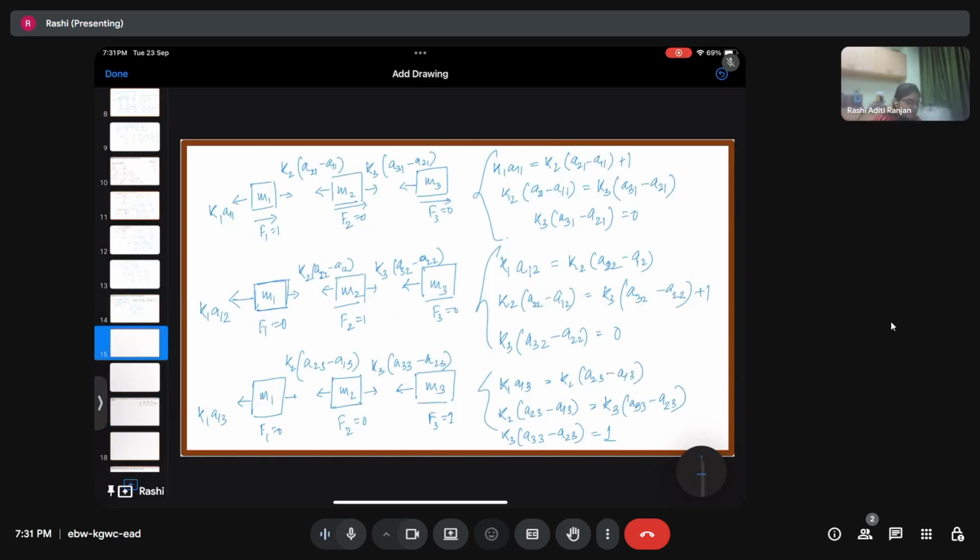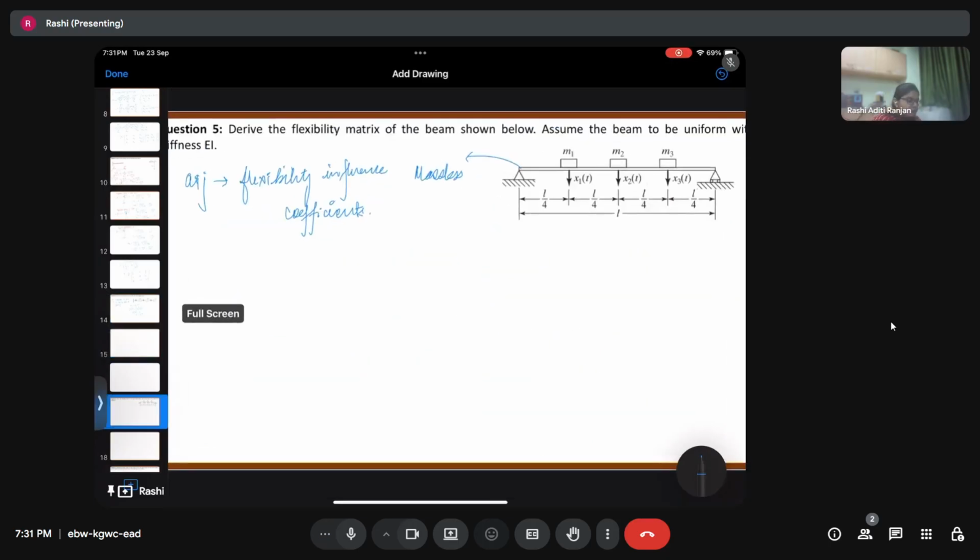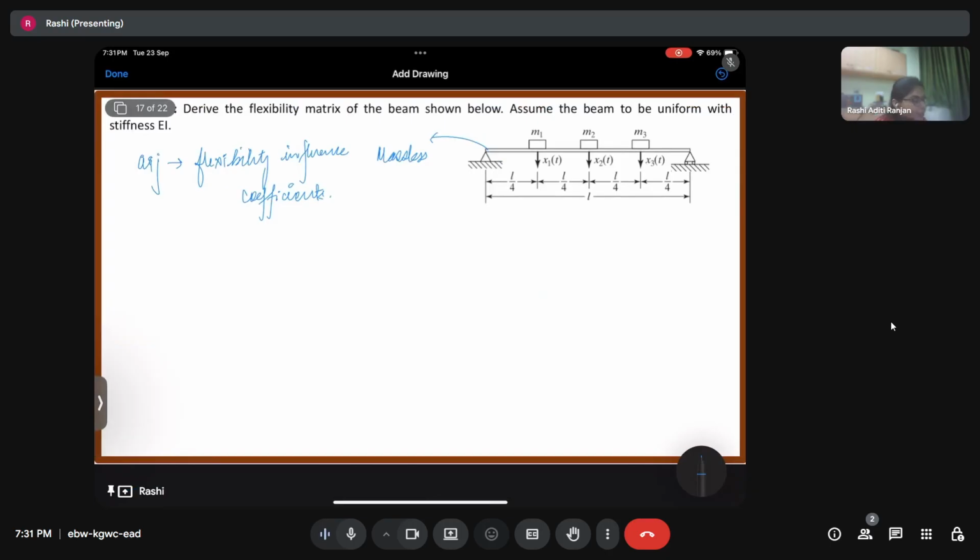Again, we have a beam, which bends like this. We have this, this, and this.